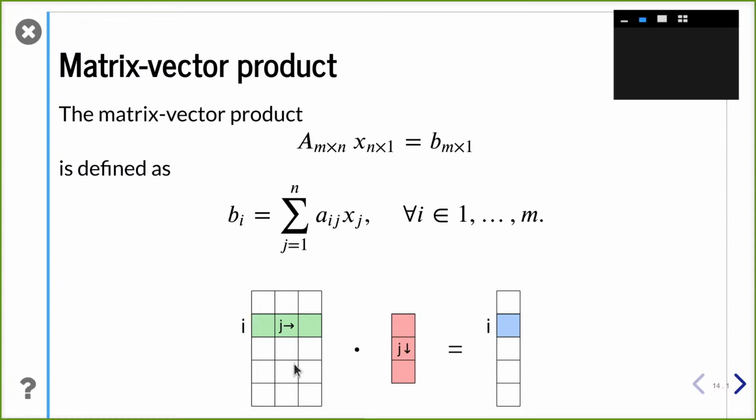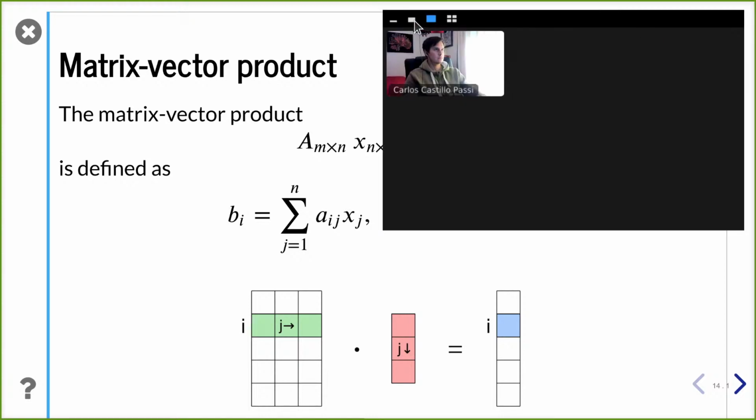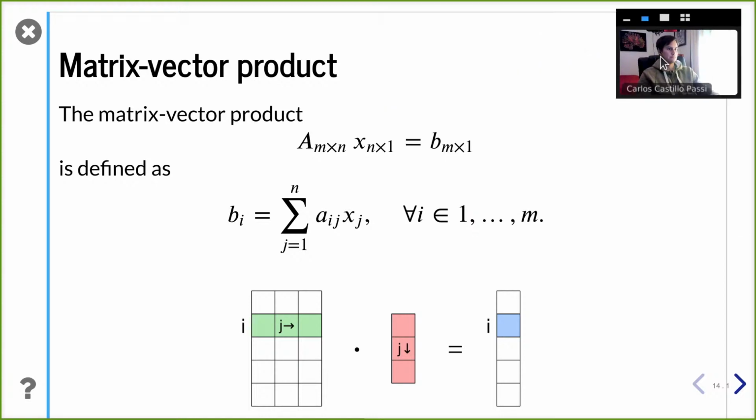You have this matrix with 5 rows and 3 columns, and this vector with 3 rows. To do the matrix vector product, the number of rows of this vector needs to be the same as the number of columns of the matrix.